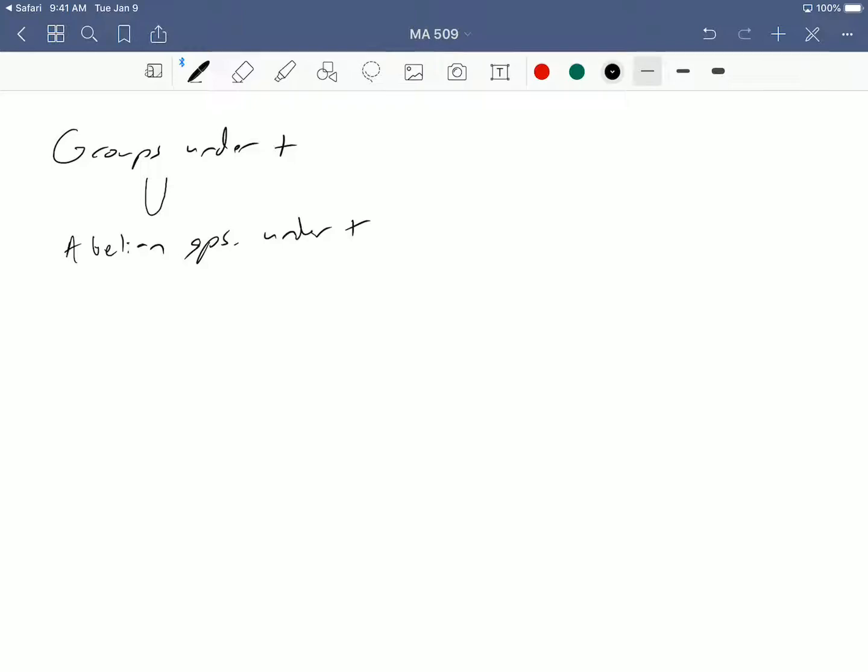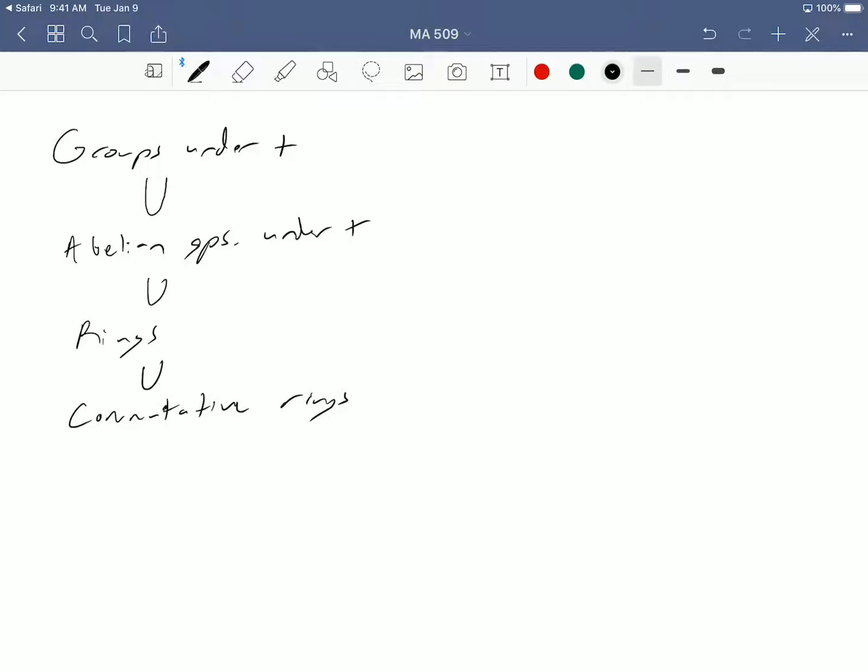Okay. And then we added a few more conditions, and we ended up with rings. So we're abelian groups under addition, but they also had multiplication and a bunch of properties that went along with that. Multiplication had to be associative. We needed a multiplicative identity, and we needed a distributive property. We needed to know how the two, addition and multiplication, interacted with each other. All right, and then from rings, we can add on one more stipulation and get a commutative ring.